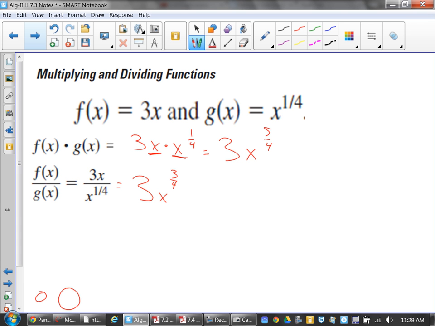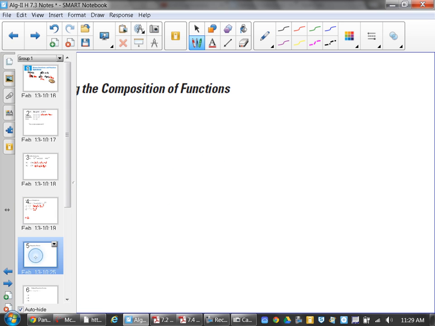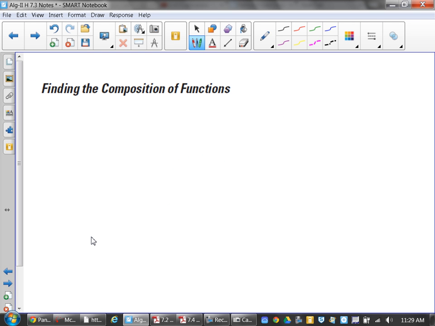The weirdness comes in when we start to do things like this. Compositions. Composition of functions just look weird because it takes a while to get used to what it looks like. Let's go back to something really easy again. What was it? F of x was 2x, and g of x, what did I have? X minus 3? Yeah. All right.